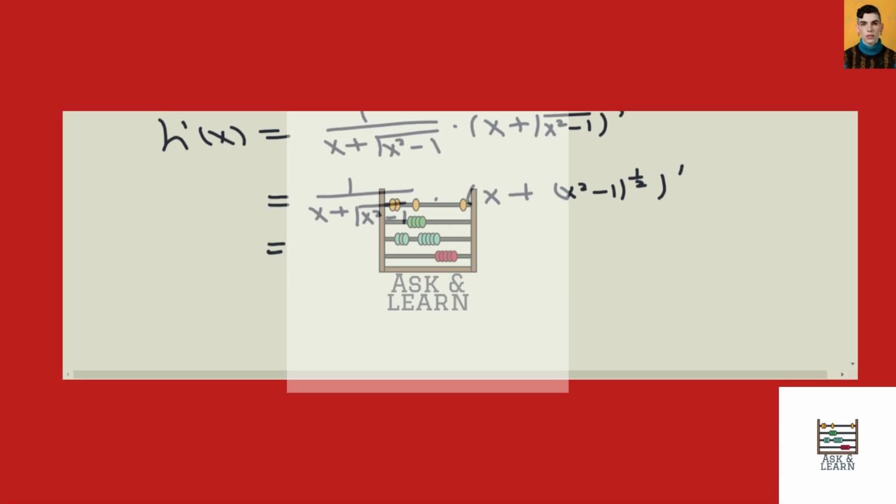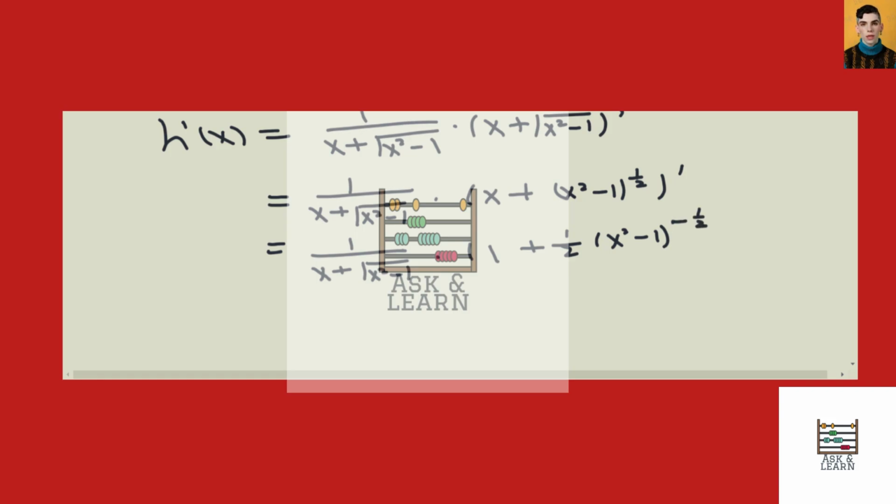Okay, then copy this down here, 1 over x plus square root x squared minus 1 times. The derivative of x is just 1, right? And the derivative of this thing, we use the power rule, we get x squared minus 1 to the power of 1/2 minus 1, which is negative 1/2, right?